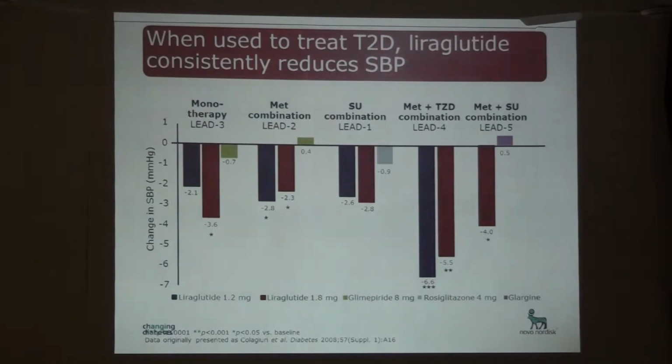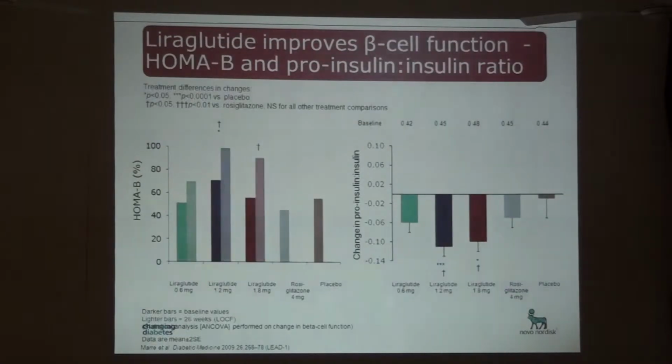That's a huge number, that's a significant thing. A lot of us do treat hypertension along with diabetes as well because it's a comorbidity and it's an added cardiovascular risk factor. So why not give one molecule which would also give you this added benefit and advantage of reducing your systolic blood pressure as well as your lipids to a certain extent.